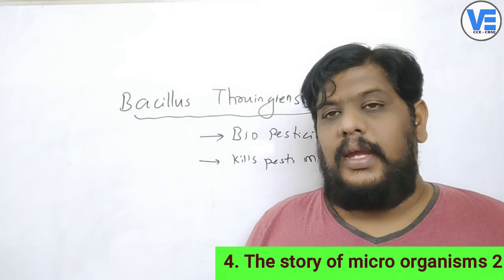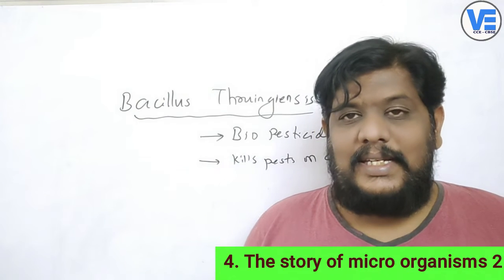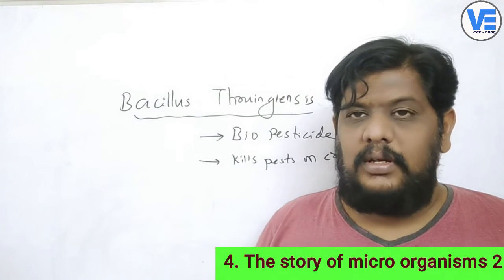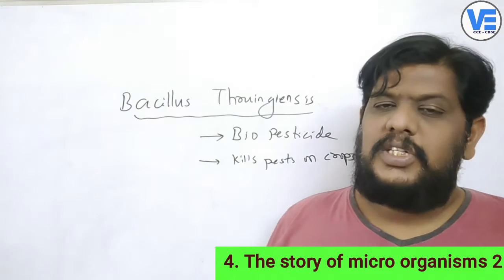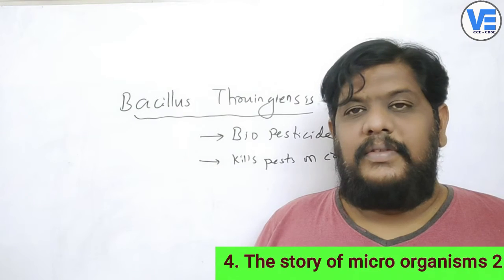That is how we can reduce the use of pesticides or insecticides which you use to kill the pests and insects harmful to the crop, and you can use this method, which is very useful and also harmless to the farmer.